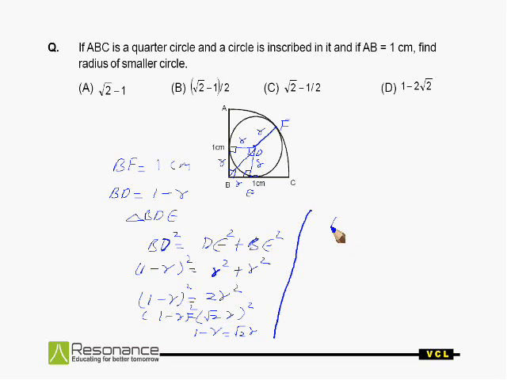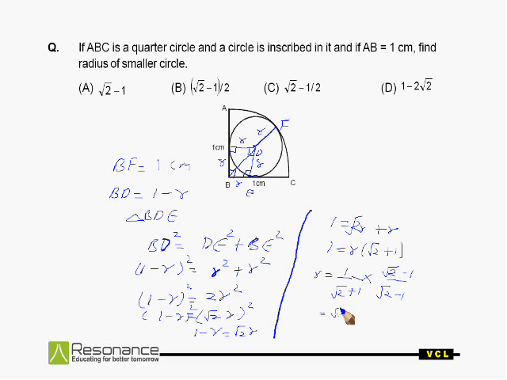So 1 is equal to root 2 r plus r. By taking r common, we get root 2 plus 1. So r is equal to 1 upon root 2 plus 1. Now as root 2 comes in the denominator, it is an irrational term, so to rationalize we multiply by its conjugate, that is root 2 minus 1.